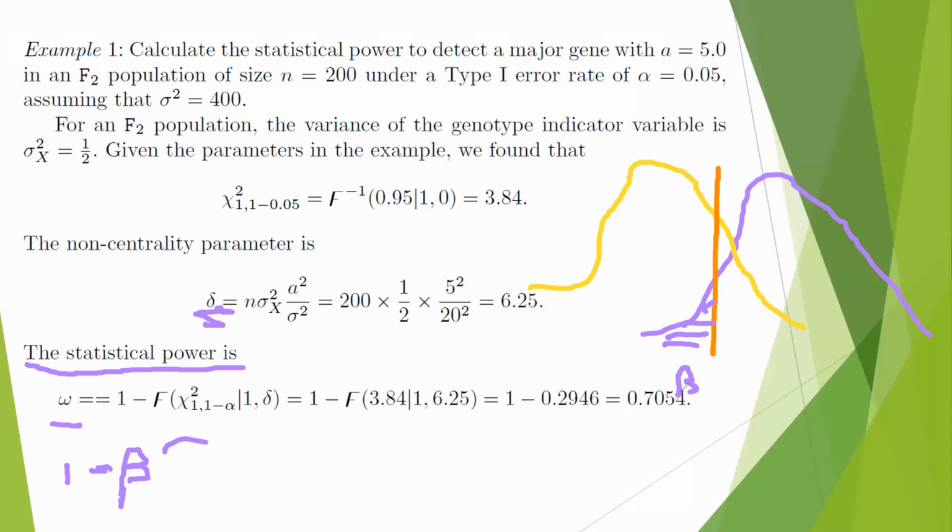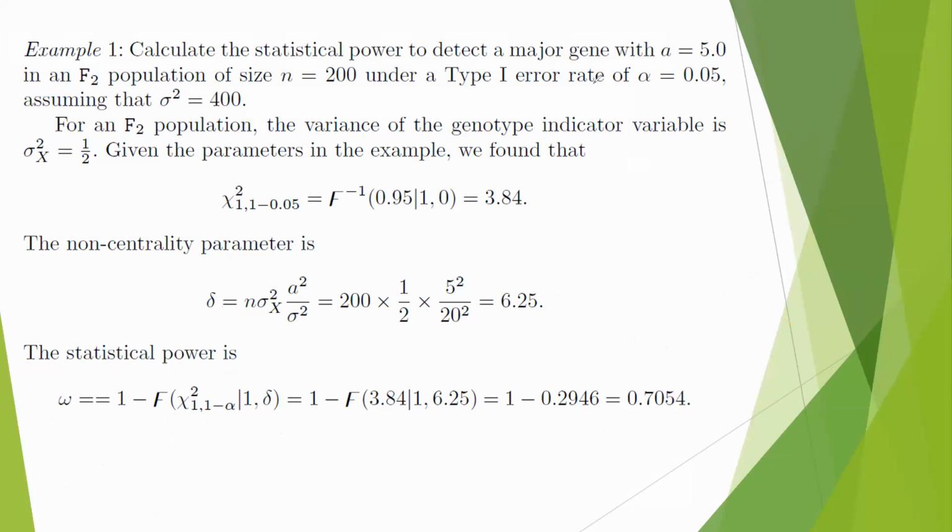So based on the alternative distribution, you can easily calculate the area under the curve on this region. So this is how we calculate the beta, and if you use 1 minus beta, that's the power. Okay. All right, any questions here?